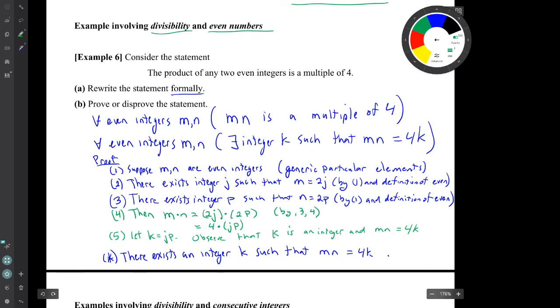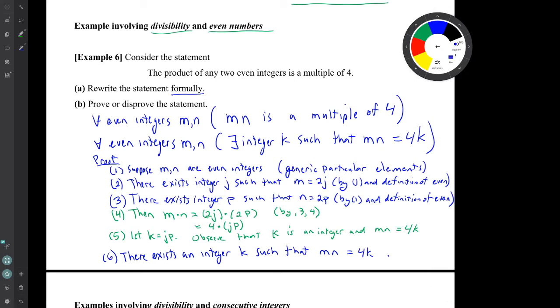Looking forward, we knew that we were trying to find a k that worked. So I've introduced it. In our last statement of the proof we now can number that statement 6, and the justification for this is by statement 5. And that's the end of the proof.